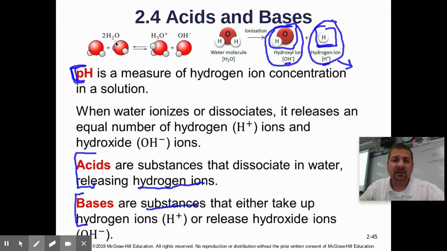It's important to note that sometimes it's referred to like this up here, where you have a water and two waters. The one hydrogen will actually leave, so you'll have an OH or a hydroxyl group.